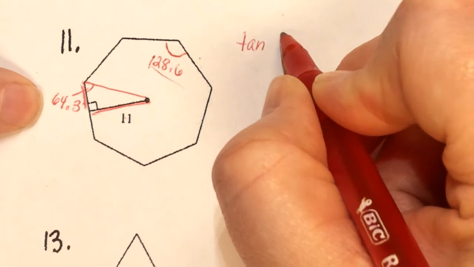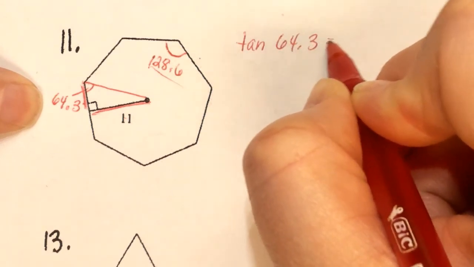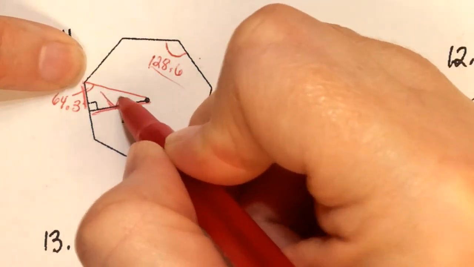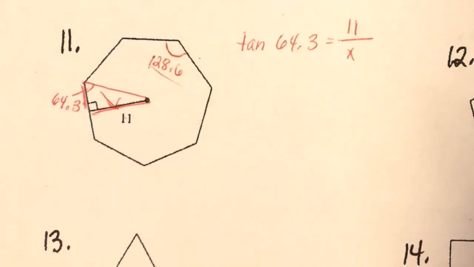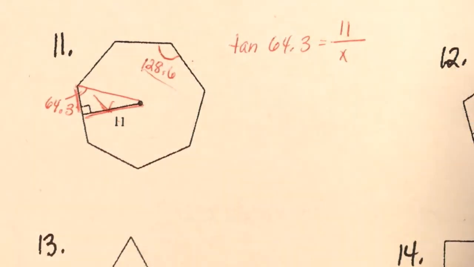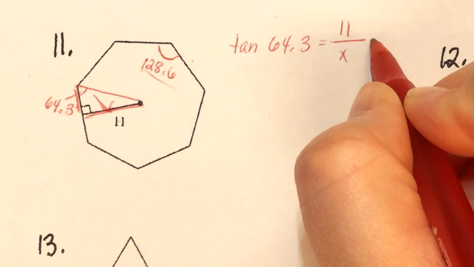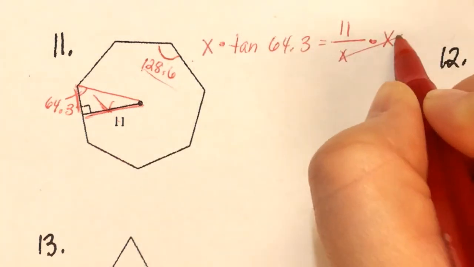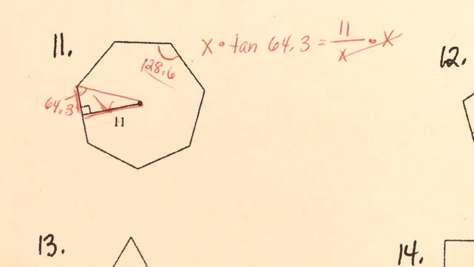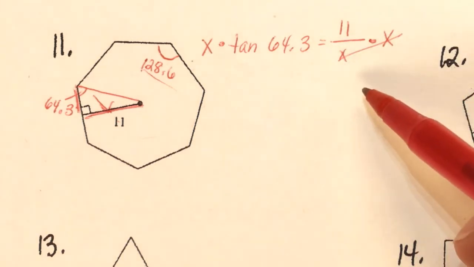So we got tangent of 64.3, and it equals opposite over adjacent, which I'll call x because that's the one I don't know. So what do we do? Yeah, we multiply by the bottom number on both sides. Now, it's nicer when the bottom number's a number and not a letter.